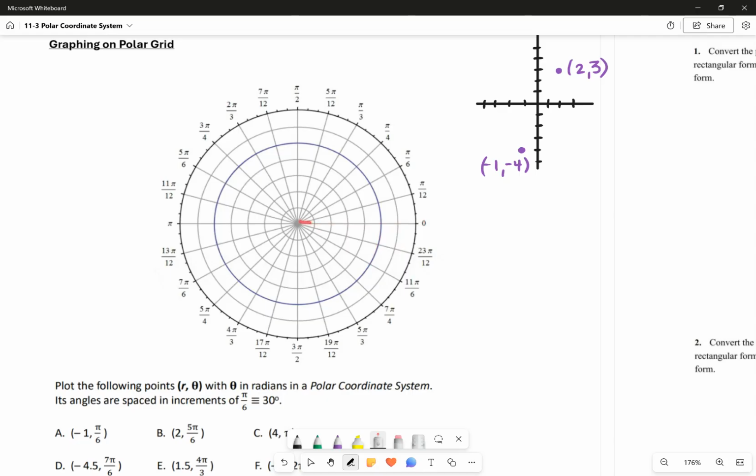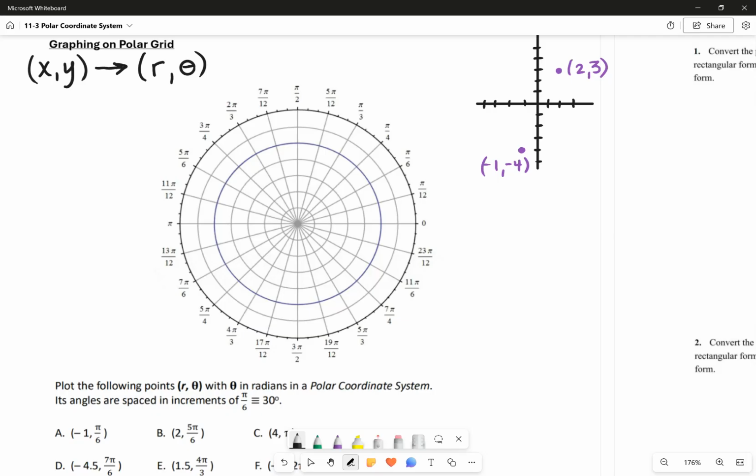But start from the positive x-axis. So as far as how these points are displayed, instead of x comma y, they are going to be displayed as a radius comma a direction angle of theta, r comma theta.